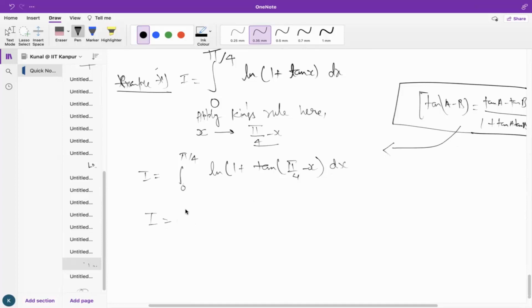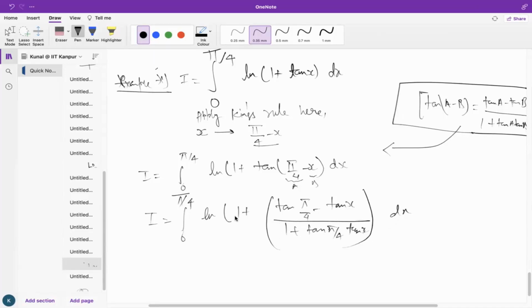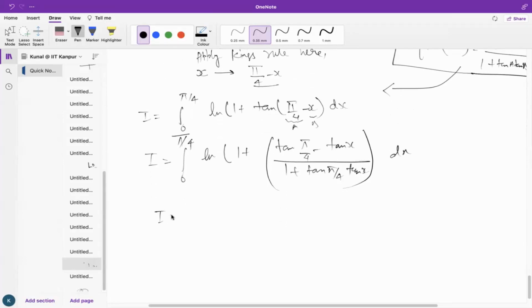We have to integrate from 0 to pi by 4 log of 1 plus tan of, let's substitute a is here and b is this, so tan of pi by 4 minus tan of x divided by 1 plus tan of pi by 4 and tan of x dx. And you all know the value of tan pi by 4 is 1. So we integrate from 0 to pi by 4 ln of 1 plus (1 minus tan x) divided by (1 plus tan x) dx, right?